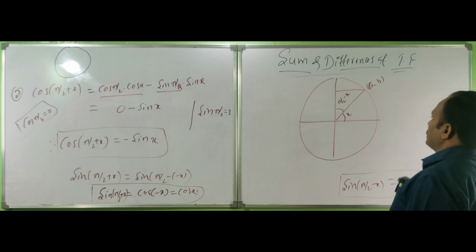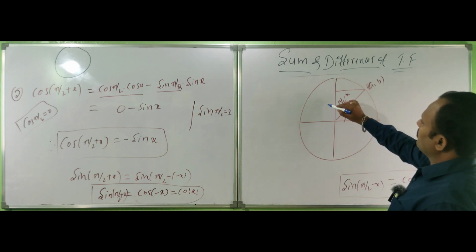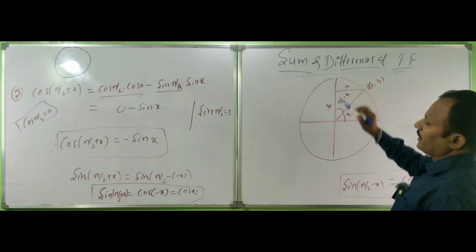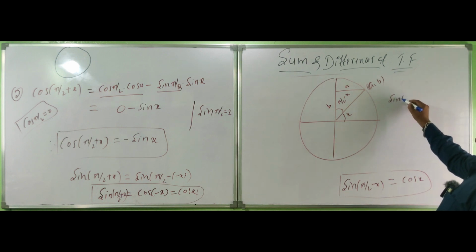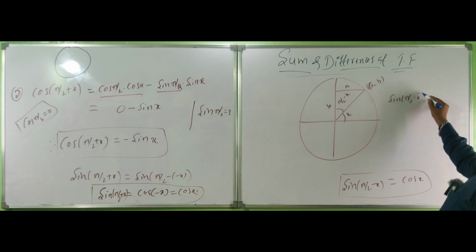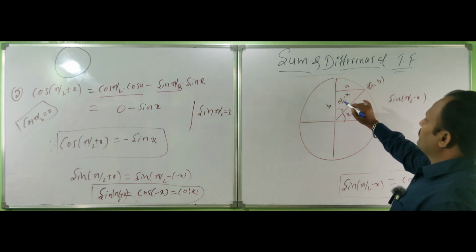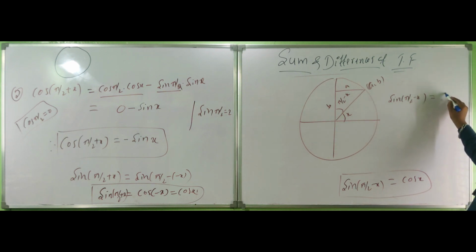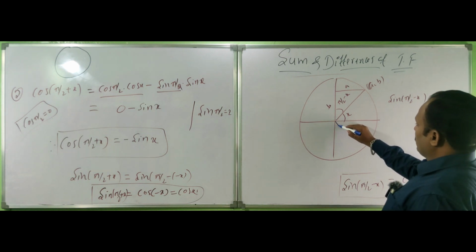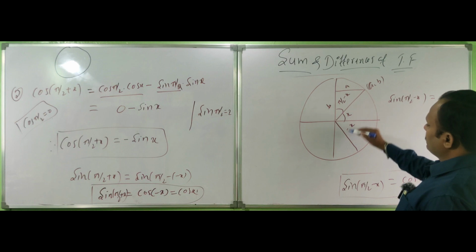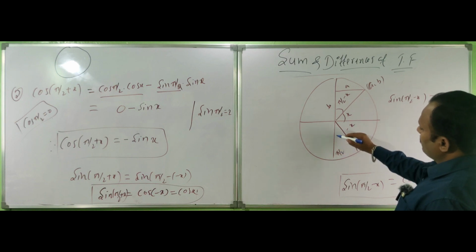This is the adjacent. This is the B. This is the A. What is sin of pi by 2 minus x? For this angle, what is opposite by hypotenuse? The opposite is A, so A by 1 gives cos of x. Similarly, this I am taking as minus x, and this becomes pi by 2 minus of minus x.